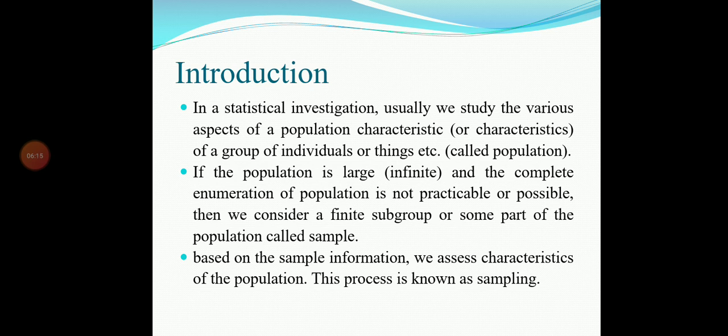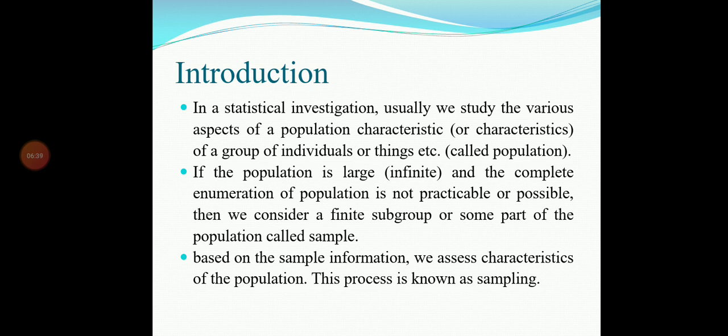When the population is large and the complete enumeration of the population is not practicable, not possible, then we consider a sample. Based on the sample information, we assess the characteristics of the population.